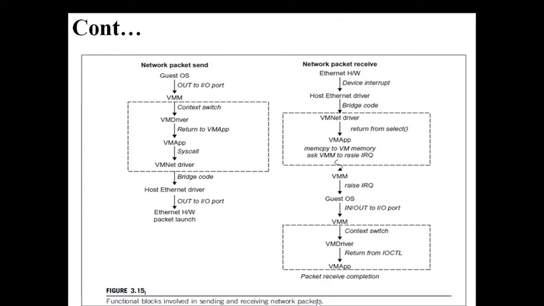See here. If you observe this diagram, the actual operation happening in the direct IO is here. The network packets are going to be sent. Through the network we are going to communicate. The request came from the guest OS regarding the IO port. The virtual machine monitor is outside of all this context.